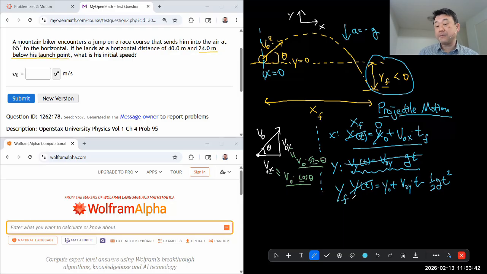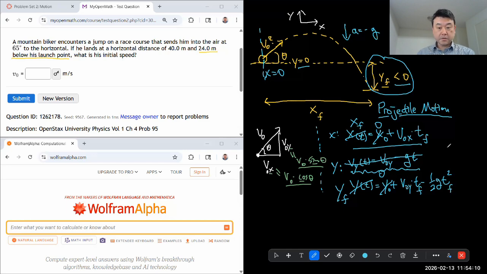And this is where it's important that I remember for myself that yf is going to be negative, and I don't need to put another minus sign here or anything like that. So that final y position is going to be equal to initial y position, which I set equal to 0 to make things easy for myself, plus the initial y velocity, which I have, times time, which is going to be t final, minus 1/2 g t final squared.